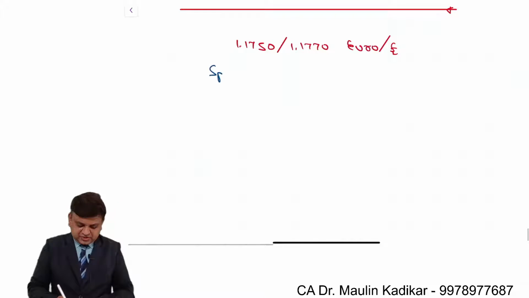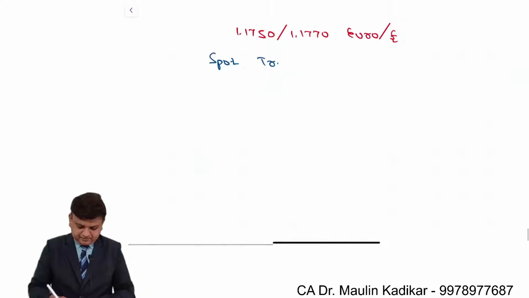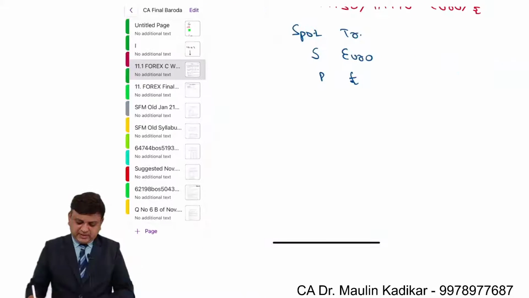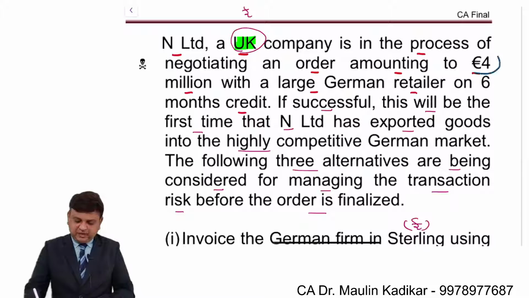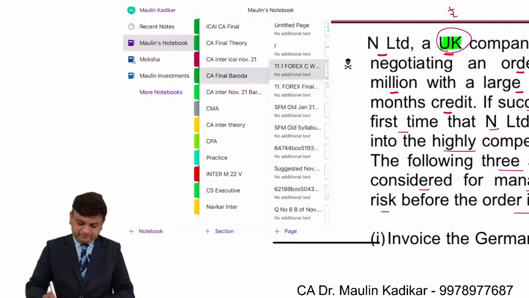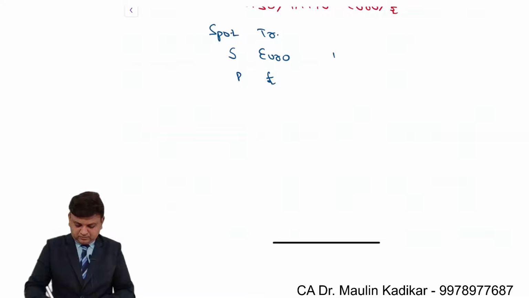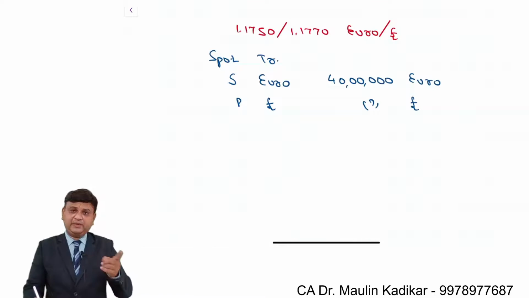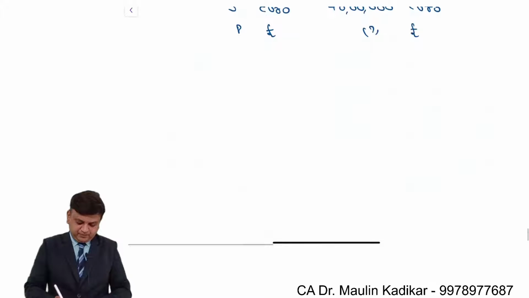So the spot transaction is a sell of euro and purchase of pound. The amount is provided to us as 4 million, that is 40 lakhs euro. It is this amount of the pound. So sell of euro and purchase of pound, a higher amount of euro is to be given for 1 pound.